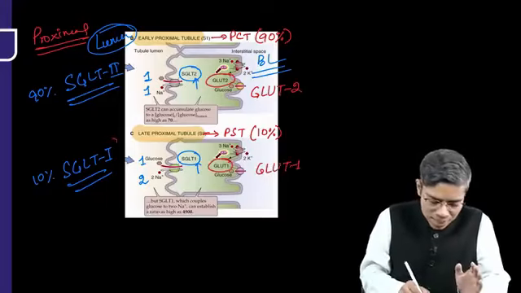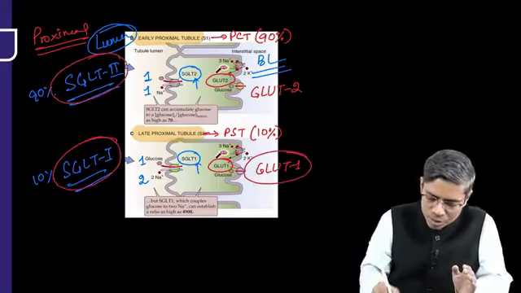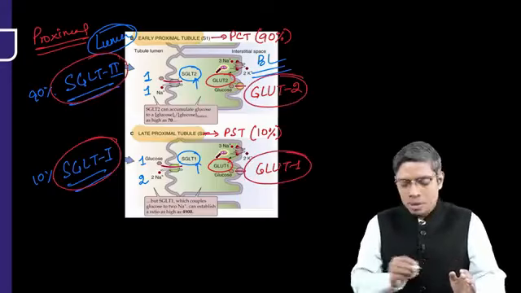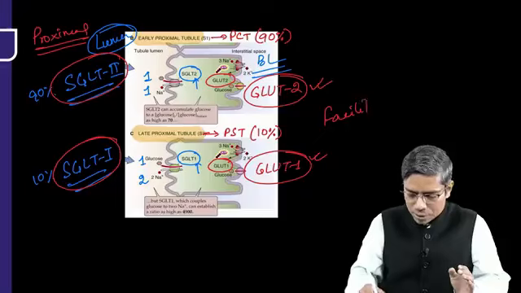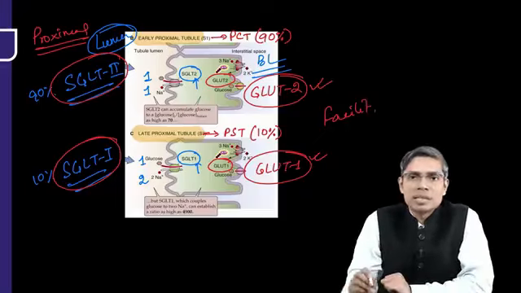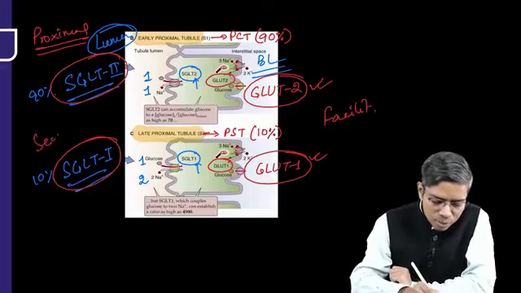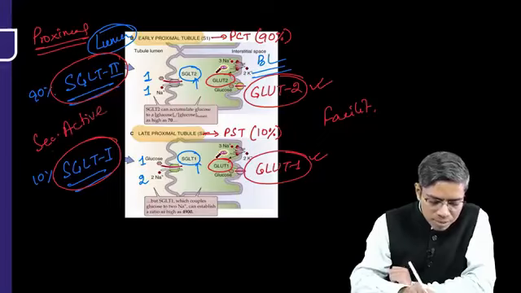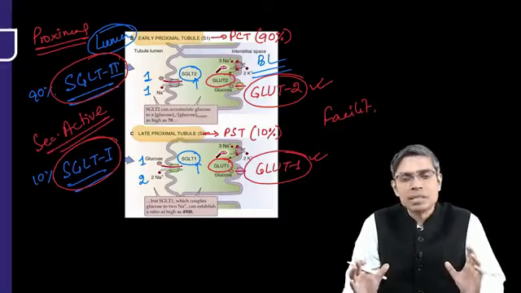So if it is SGLT1, it will be coupled with GLUT1. If it is SGLT2, it will be coupled with GLUT2. GLUT2 and GLUT1 are examples of facilitated diffusion. So if the question is about the transporter in the basolateral aspect for glucose reabsorption in the kidney, the answer is facilitated diffusion. But SGLT1 and 2 are part of the secondary active transport system. Got it? So this is a very crucial thing that you have to remember.